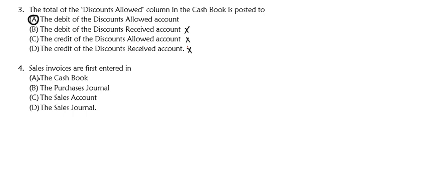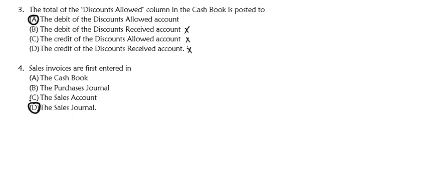So a sales invoice serves as a legal record of the transaction, and it is typically used to request payment, meaning that a sales invoice will always be issued when goods are being sold on credit. Sales invoices are first entered in what we call the sales journal. They are recorded in the sales journal.